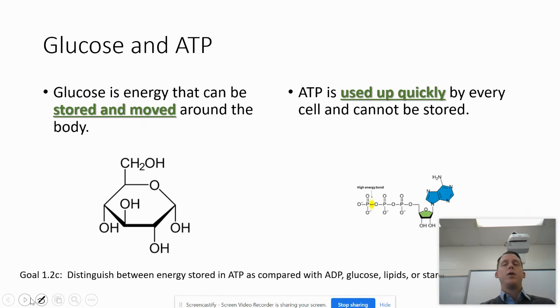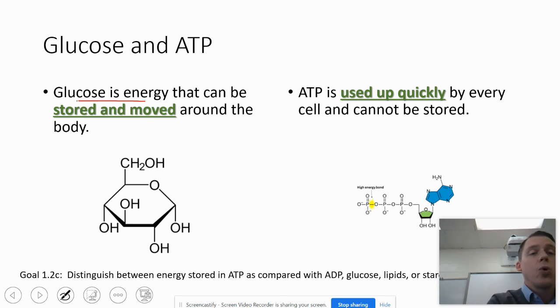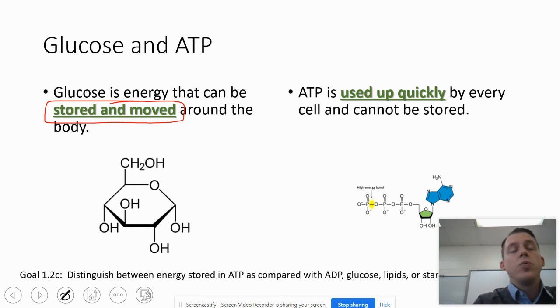All right. Now, glucose and ATP, what is the difference exactly? Glucose is energy that can be stored. So this is good for stored energy. So we can store glucose in our body, and that's what it's good for. We can keep it for a while. But ATP is the molecule that our cells use for energy.